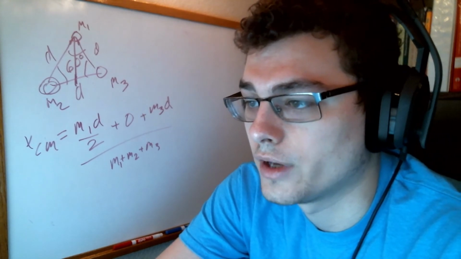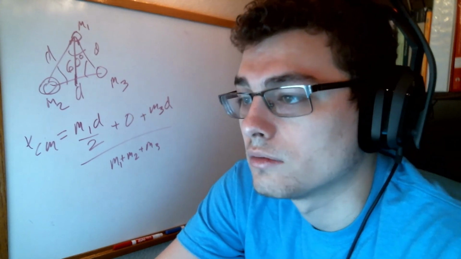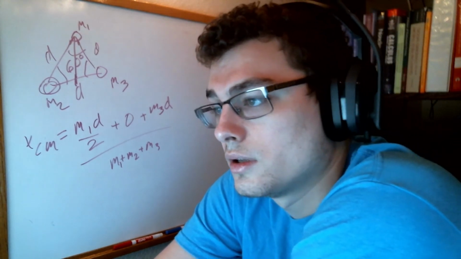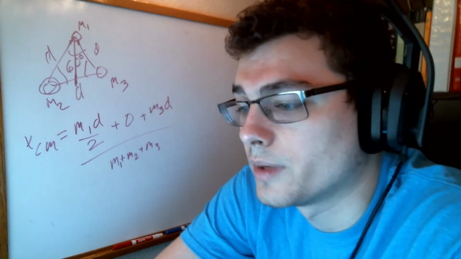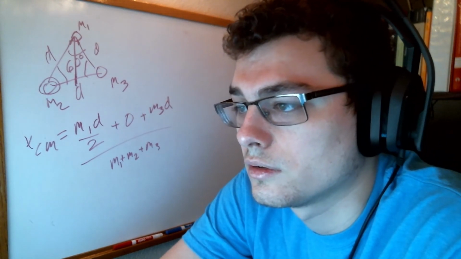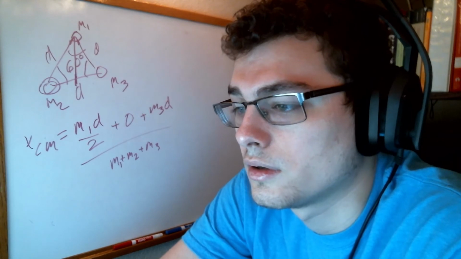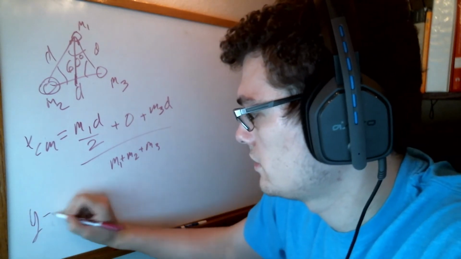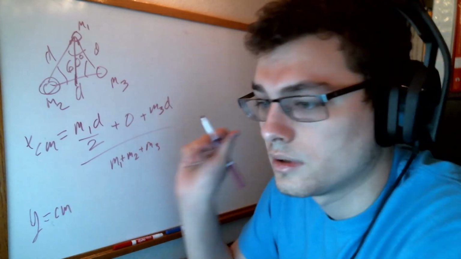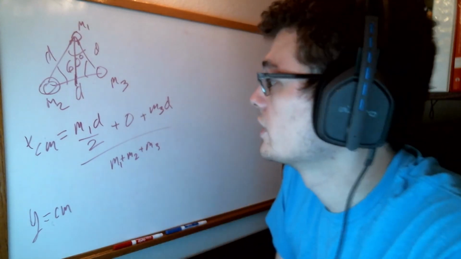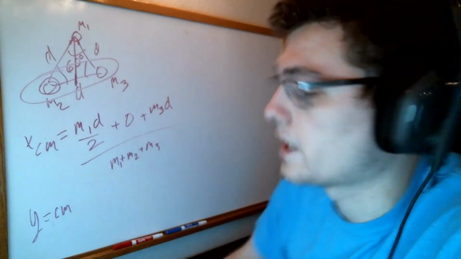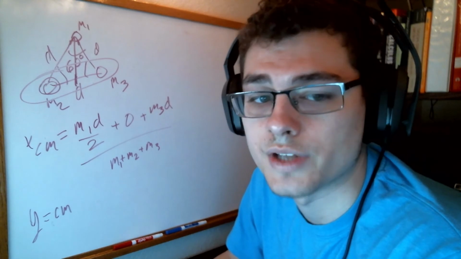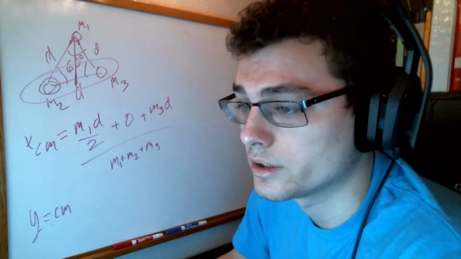And so then from there, you just have to plug in numbers, write a symbolic equation for the vertical component of the center of mass relative to the base of the triangle. So this is asking for YCM. And so we can see that these two down here are going to give no contribution to the center of mass due to the base of the triangle.